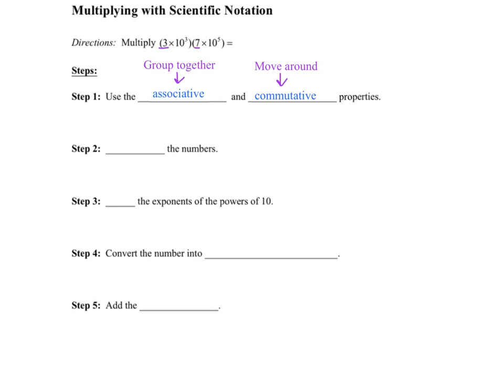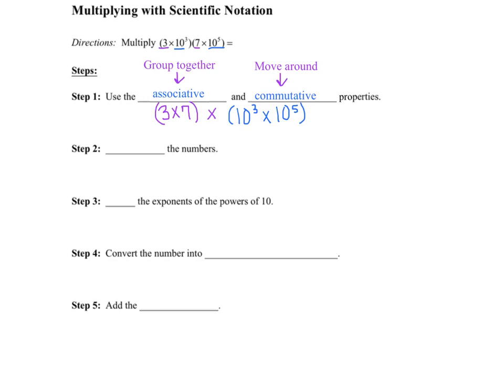So you want to get your 3 times 7 together, and then you're going to times that with your scientific notation, which is 10 to the third times 10 to the fifth. So you're grouping together your numbers and your scientific notation terms, and you're moving them around.